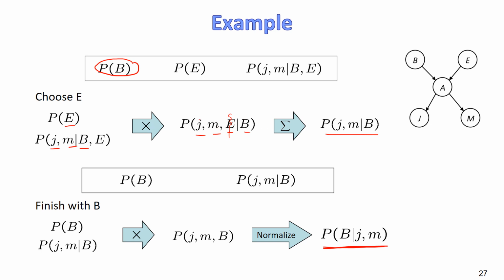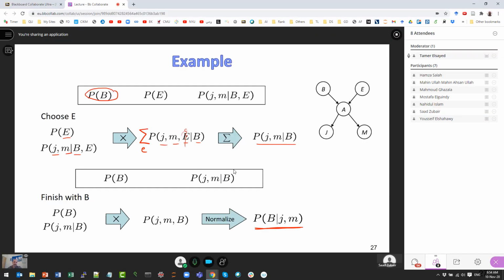If you are eliminating E, that means you will get the sum of this over E. If you are asked at any time how you eliminate that variable, you do it that way. You sum over all values of the variable that you eliminate. Any questions?